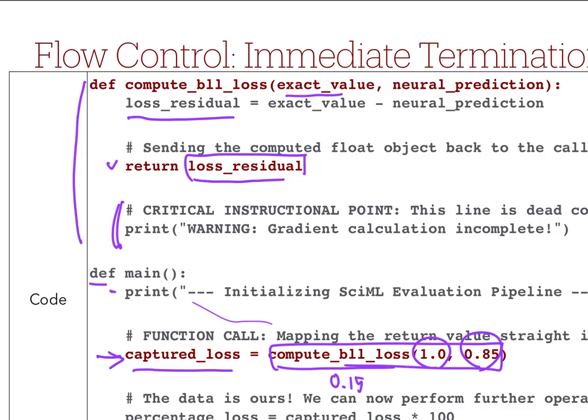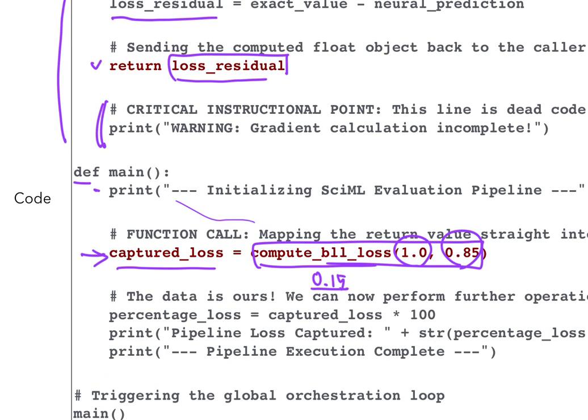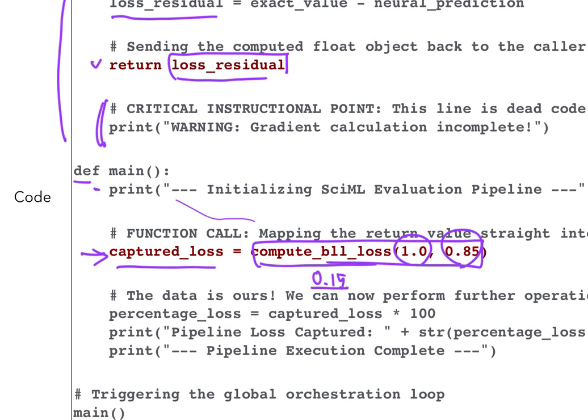Those variables are discarded, destroyed from the memory. So right after this assignment, the three variables defined inside this compute BRL loss will be erased. So if you by any chance try to access that value, you will see an error.